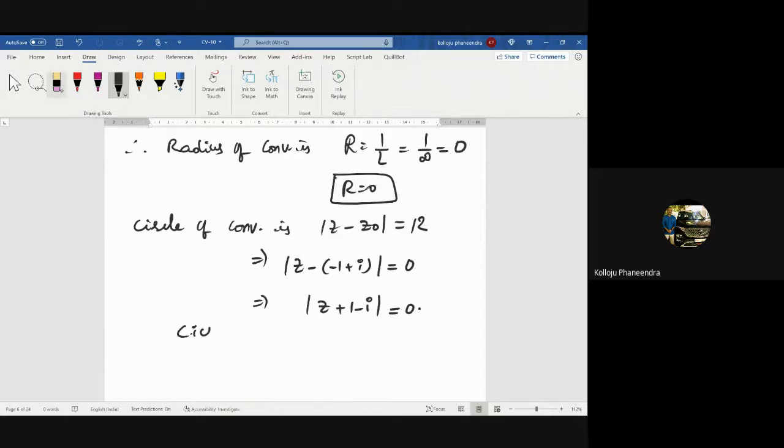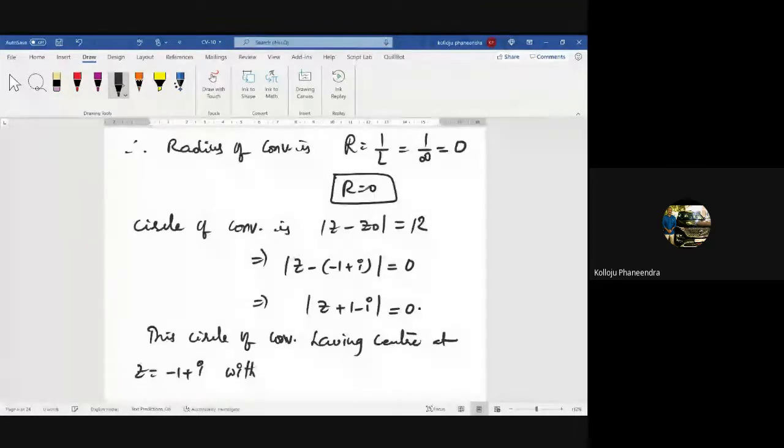This circle of convergence is having center at what? Having center at Z equal to minus 1 plus I with radius 0. Radius 0 means what?